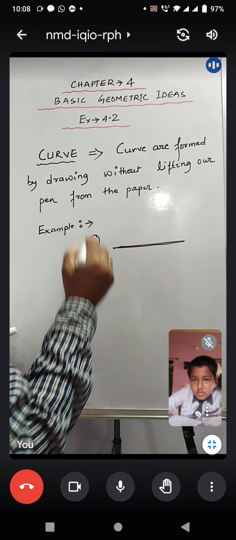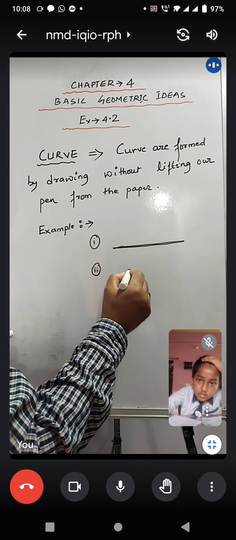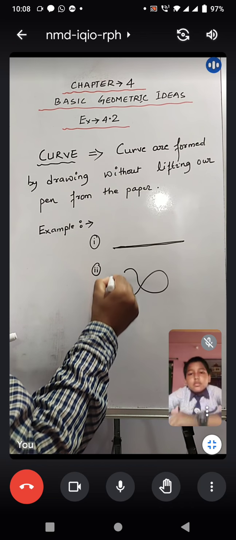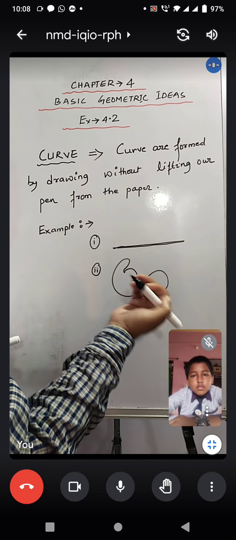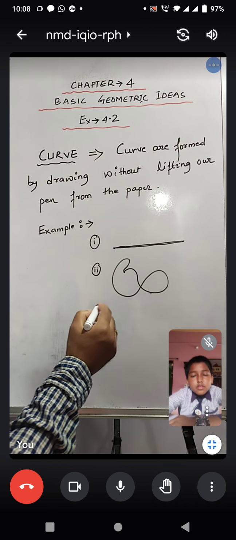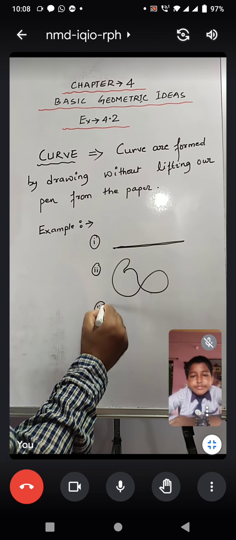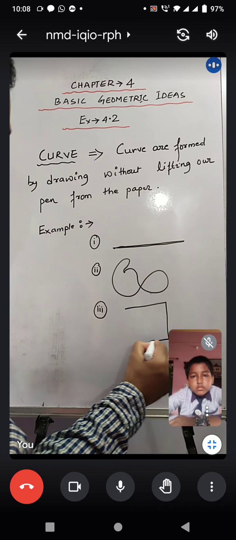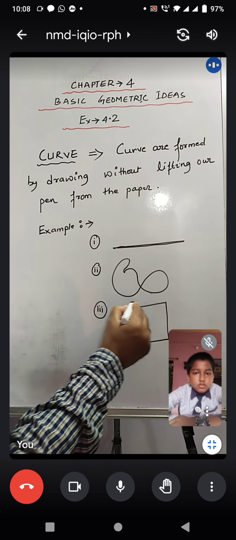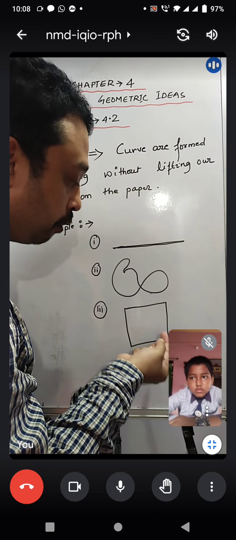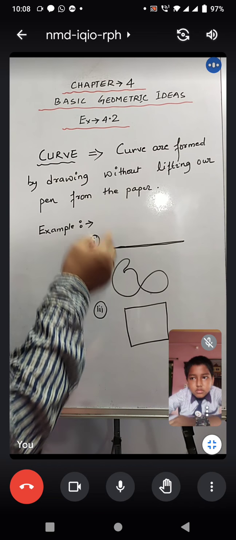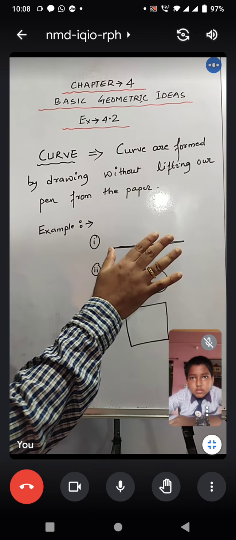Number 2, this is also a curve because without lifting a pen I have drawn this. Number 3, this is also a curve because without lifting a pen I have drawn this figure. So those figures which you draw without lifting a pen are called curves.